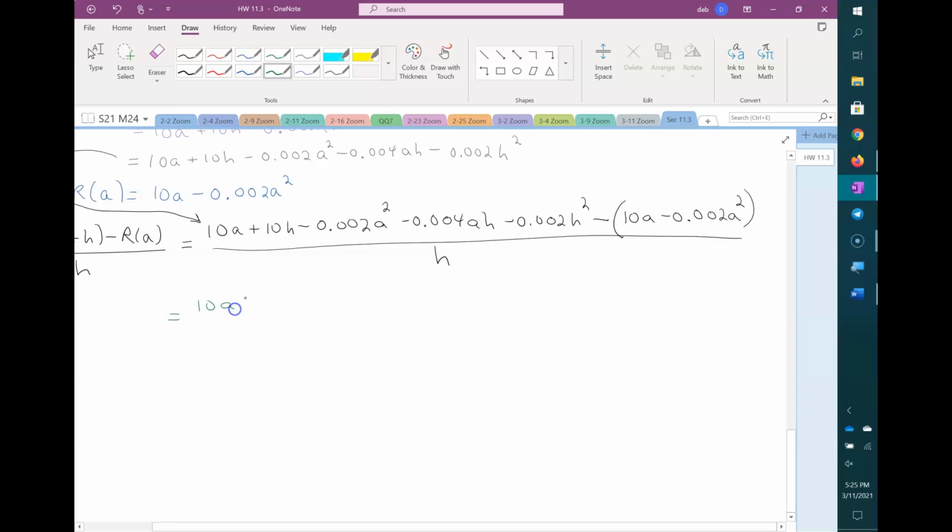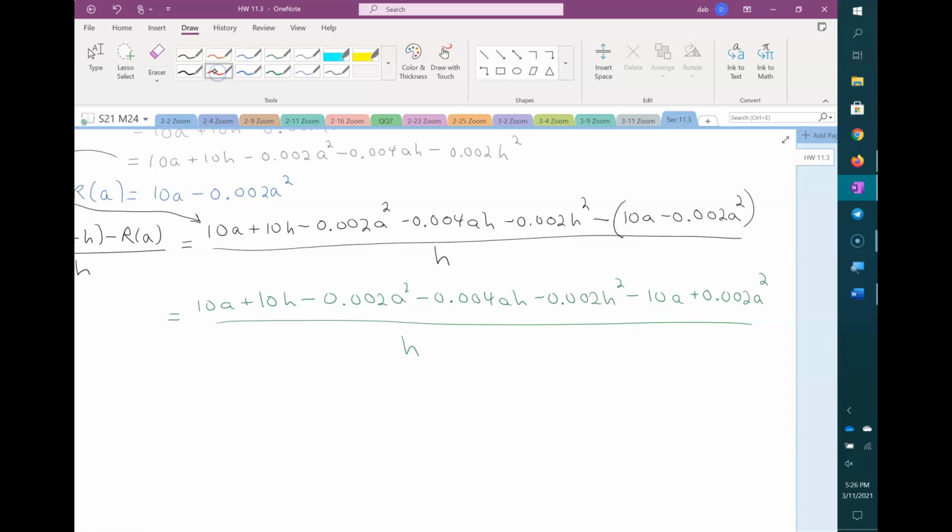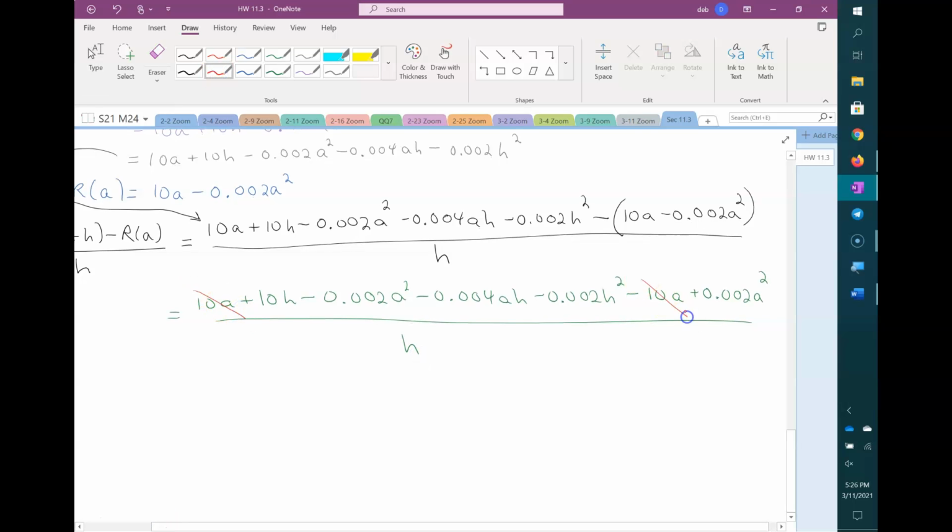So now I'm going to distribute the negative through r of a. So minus 10a plus 0.002a squared. And then, as we hope, the 10a cancels because it doesn't have a factor of an h. And the 0.002a squared cancels because it doesn't have a factor of an h.